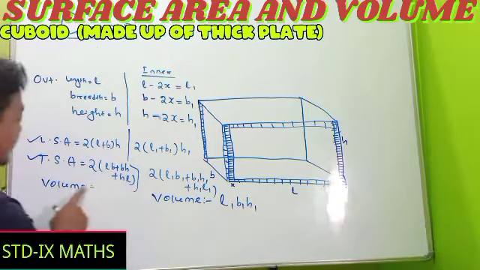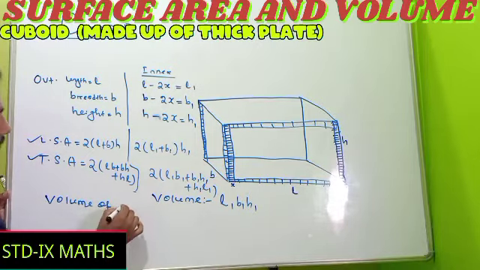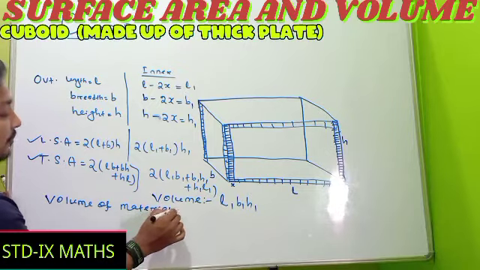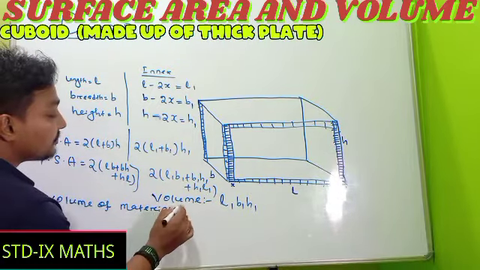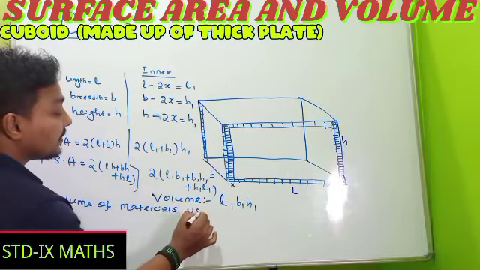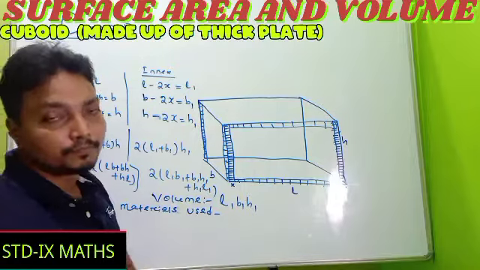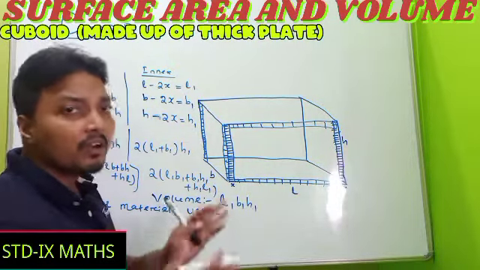Now we will discuss how to find the volume of the material. Remember, volume of the material, volume of a plate, otherwise volume of the material used. Suppose this type of structure is made up of wood, otherwise gold, otherwise silver, otherwise iron.